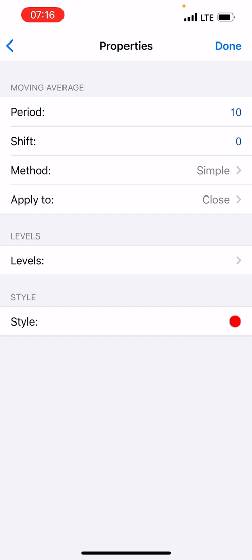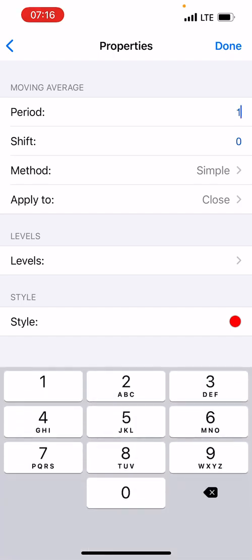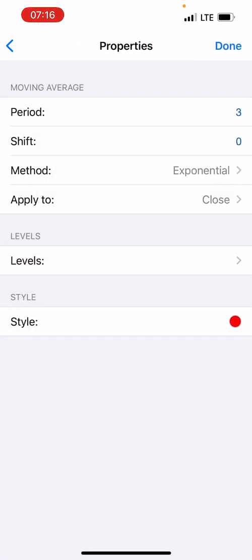So first moving average is going to be period 3, shift 0, exponential. Apply to typical price.